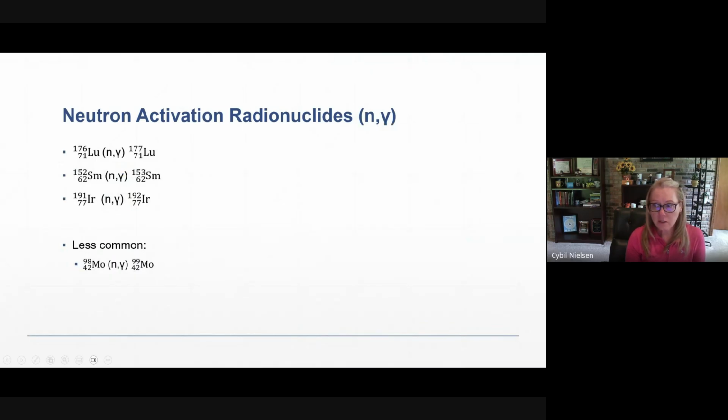So these are a little bit easier to understand because what's happening is we're going to have a neutron going in and a gamma ray going out. So that means that this number here, the atomic number, is not going to change because there's no protons there. And since the atomic number didn't change, the element doesn't change either. The only thing that changes is the mass number.